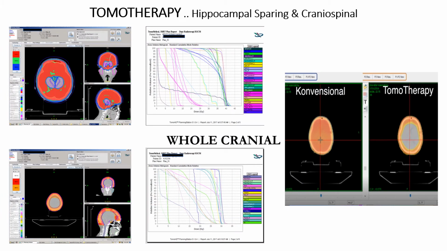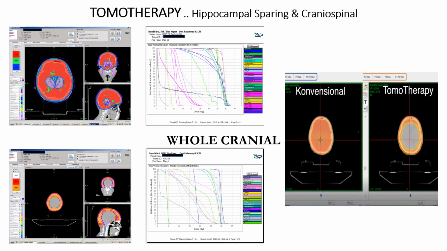This is one of our treatment planning results from our tomotherapy machine, which is capable of producing a remarkable dose distribution. For example, in the upper image on the left-hand side, to irradiate the whole brain, such as in brain metastasis cases, we can protect the hippocampus from radiation exposure because the hippocampus has a very important function to maintain the patient's quality of life.